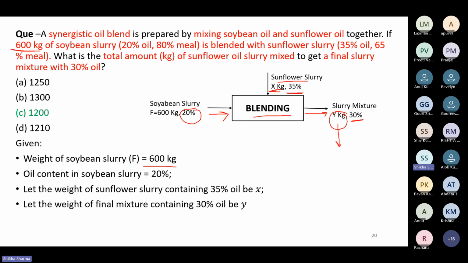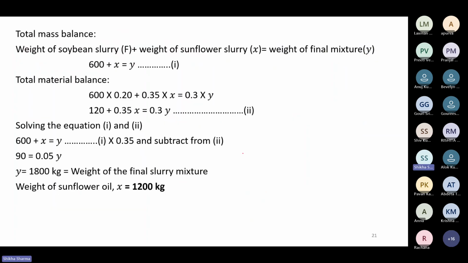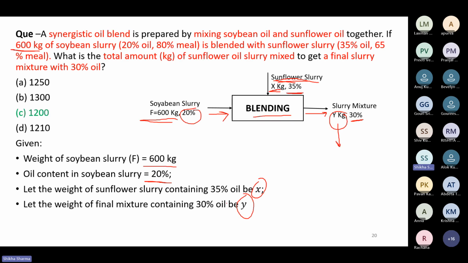So the weight of the soybean slurry is given as 600 kg. Oil content is given as 20%. Then we assume the sunflower slurry weight is X and the slurry mixture weight is Y. If we do the total mass balance, whatever is coming in as input equals the total mass of the output.